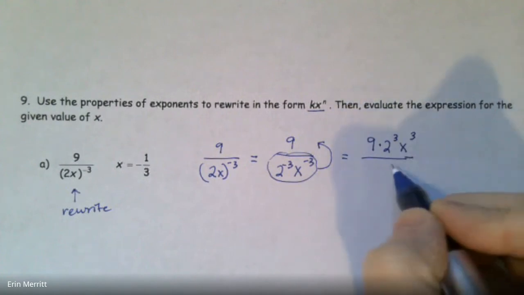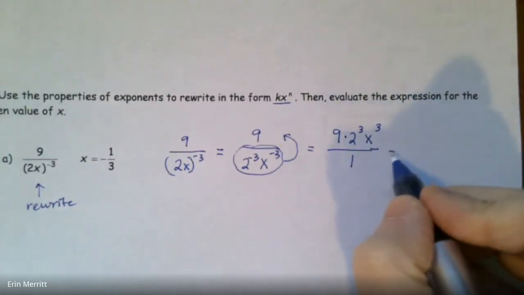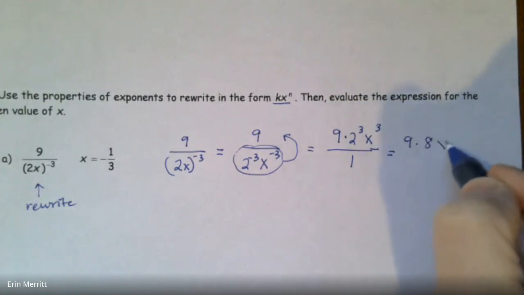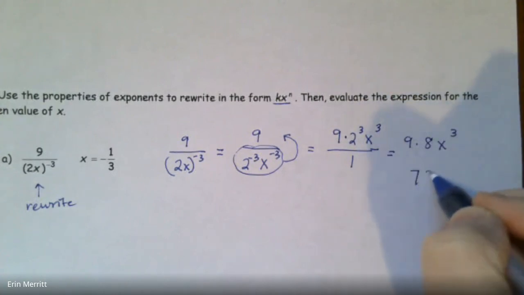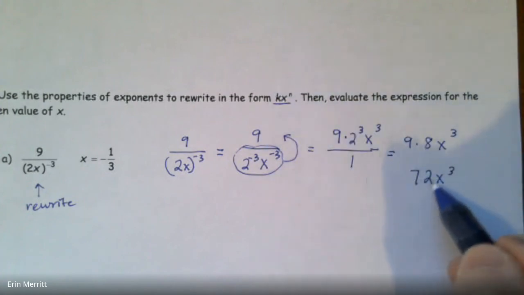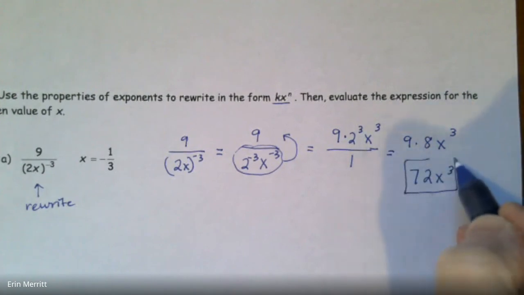All right, that leaves me a 1 in the denominator. So I can now just kind of ignore that denominator. So remember, exponents first. So that's going to be 9 times 8 times x cubed. That'll give me 72x cubed. That is my k times x to the n. So k x to the n power. All right, there's part 1.